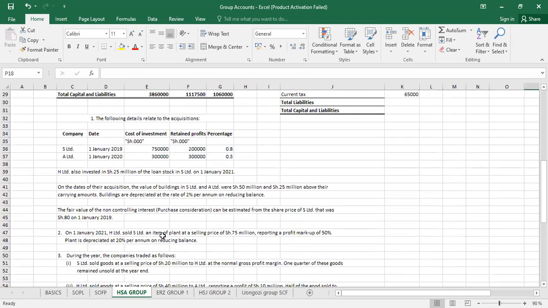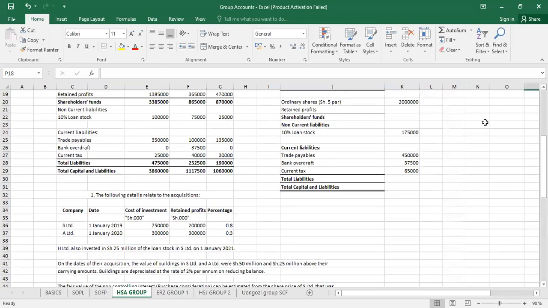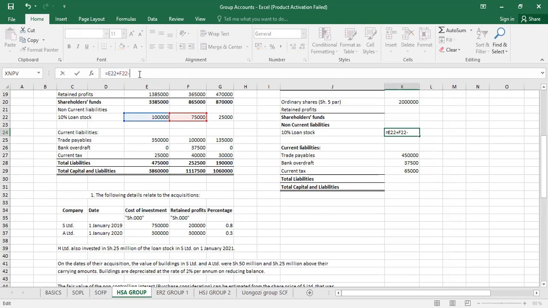So you can see H Limited also invested 25 million of loan stock in S, isn't it? So that one we will just remove directly, minus 25,000, isn't it? Just that way. Then we continue.